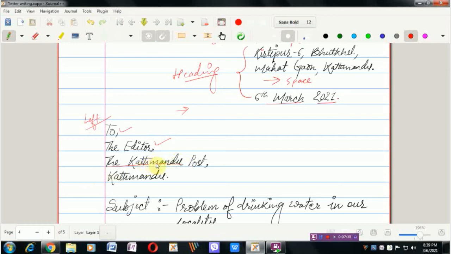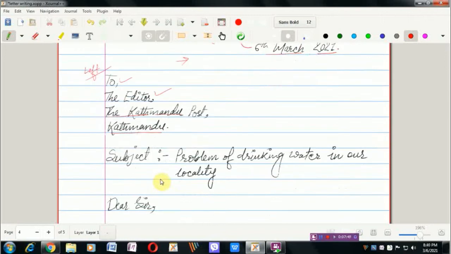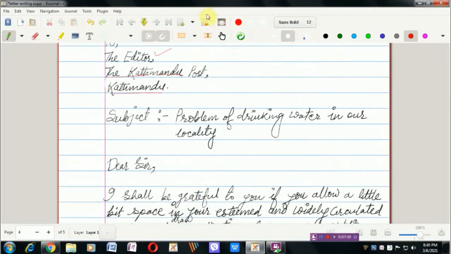We are writing a letter to the Kathmandu Post, so we address the editor of the Kathmandu Post, and the address of this newspaper is Kathmandu. The subject is optional, however you can write it if you like. The subject is "Problem of drinking water in our locality," and you have to underline it.